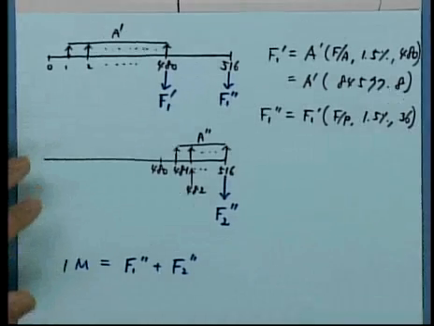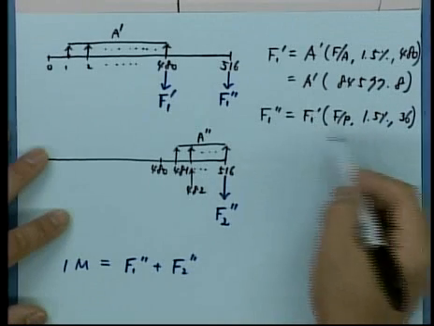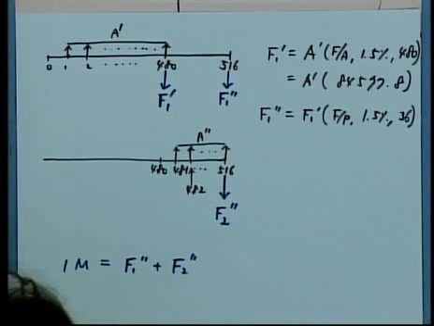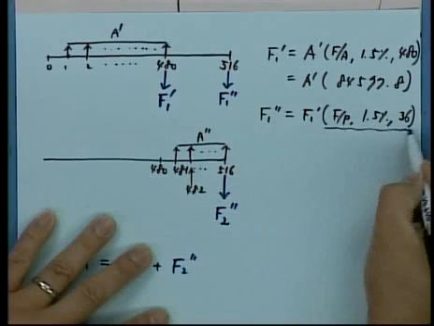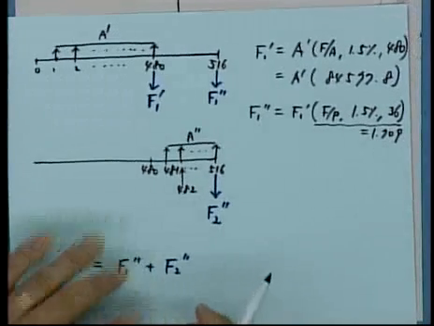Okay? So how much is this? F given P over 36 period is 1.709. Okay?